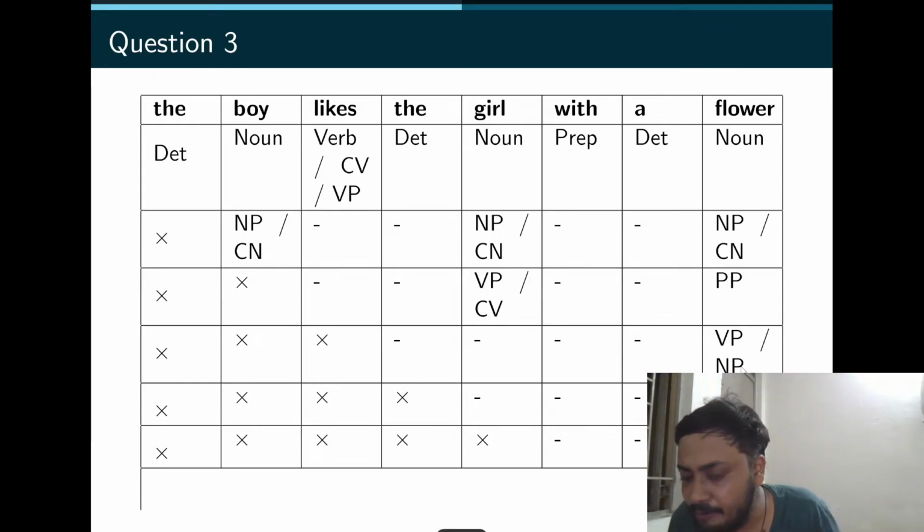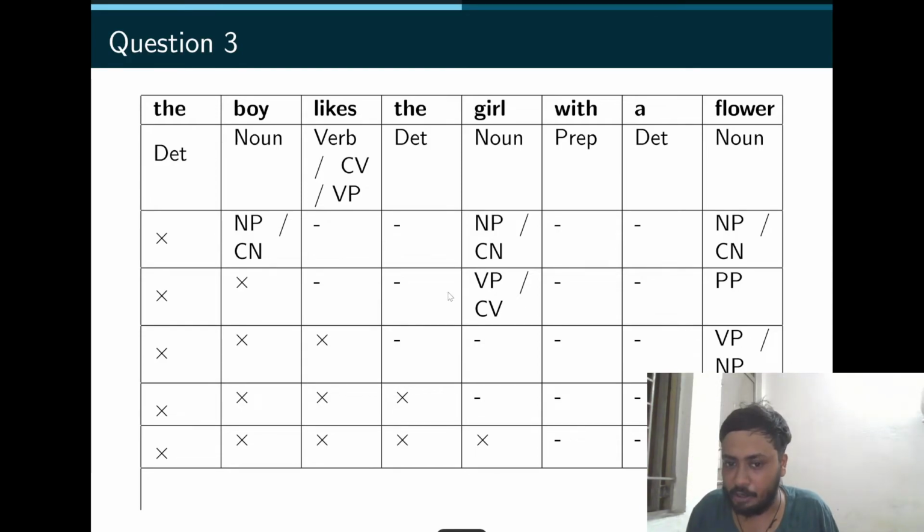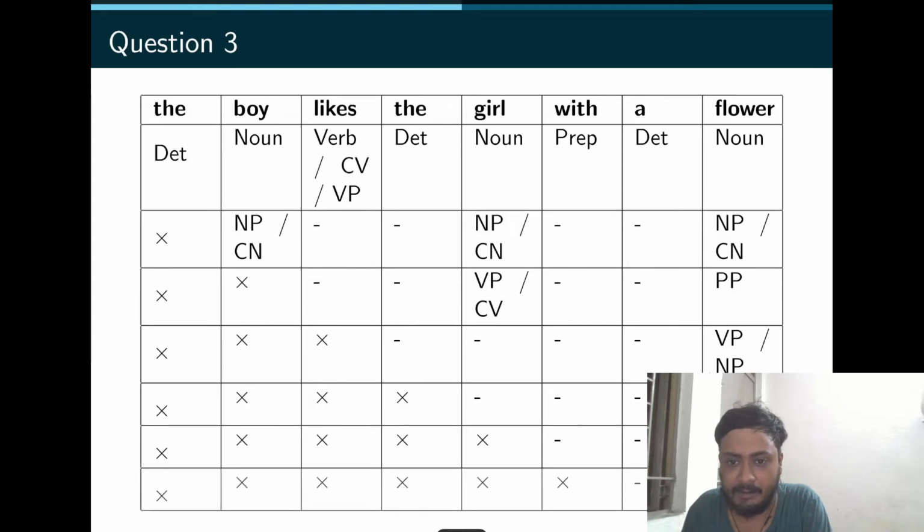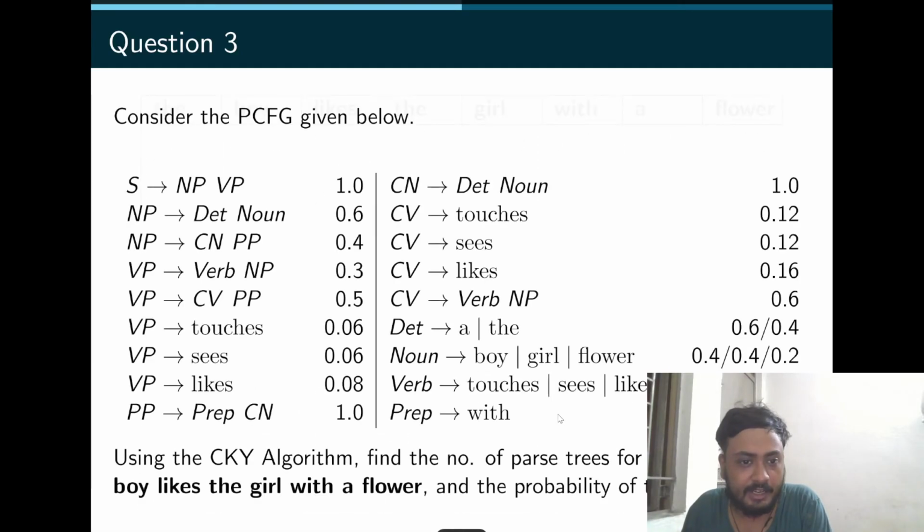Now it may very well have been that over here we wrote NP, but there is no rule like verb and NP, so we cannot combine them. Then that gets lost and it's fine. Not all possible combinations will be used in the tree. There was another combination over here, I forgot to write that one: we can combine verb and NP to get one more non-terminal.